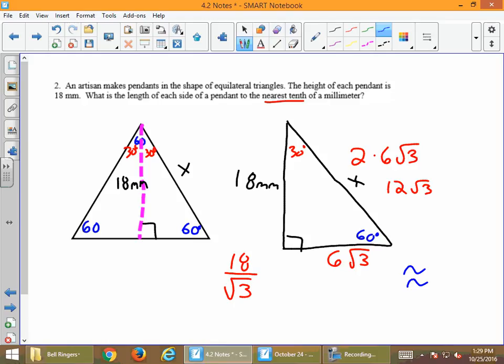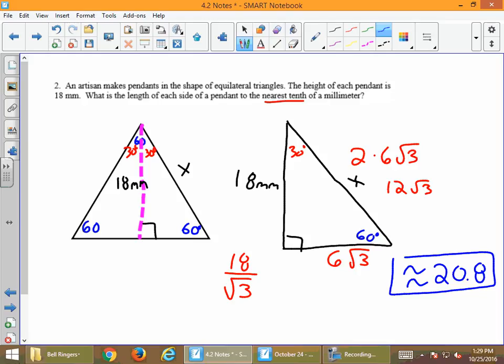Katie. 20.78 rounds to the nearest one. So it'll be 20. Wait, how do I use this? Look, it says rad. Don't use rad. So you work backwards. Then I'm going to have to do the radical side.